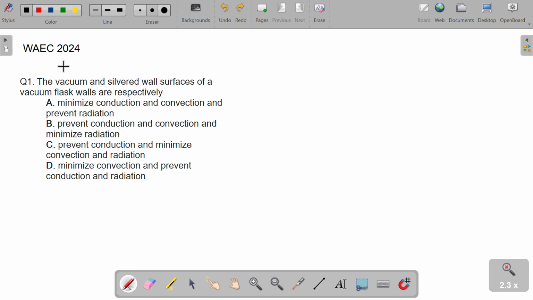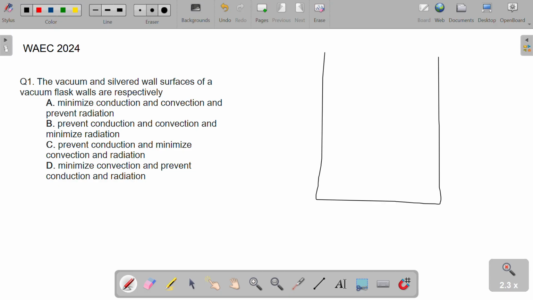So now, the answer to this one, we need to analyze it. A vacuum flask, also known as a Thermos flask, its function is to prevent conduction and convection. Now you might ask why.